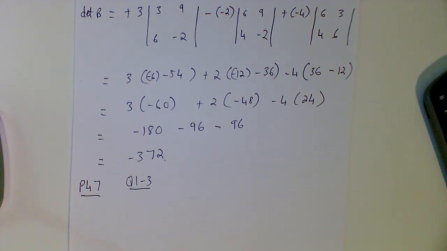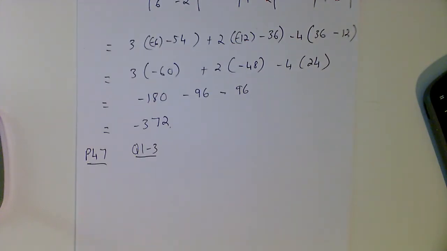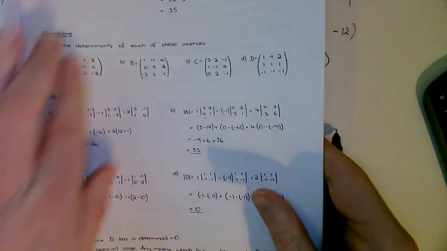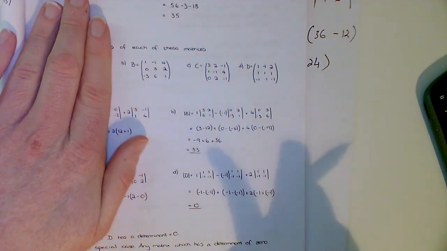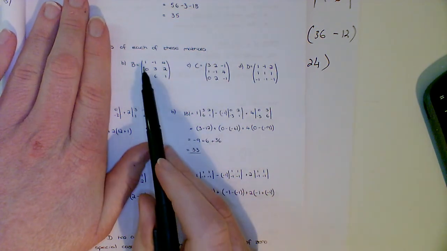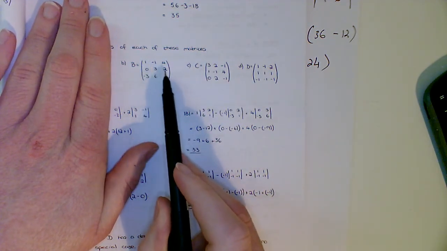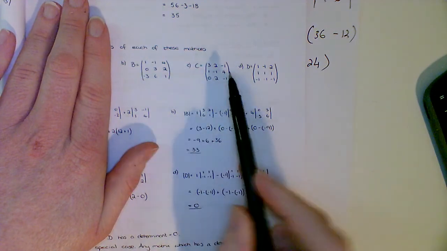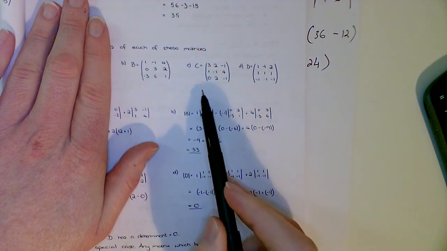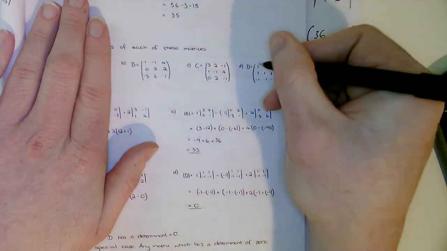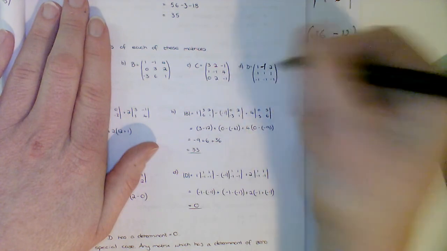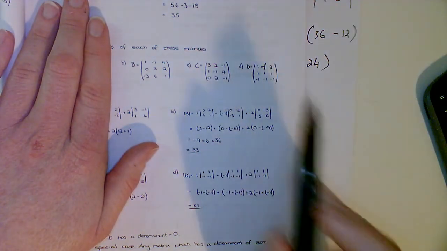Now, if you don't have access to those questions, for whatever reason, I'm going to give you these ones here. Hopefully you can see them. So, your matrix B there, matrix C, that's -1 there, and matrix D here.